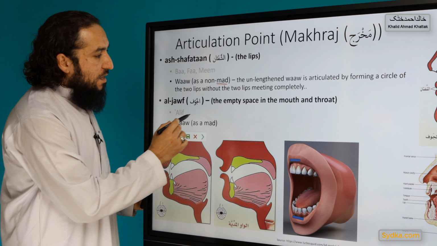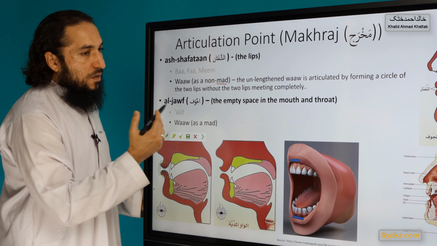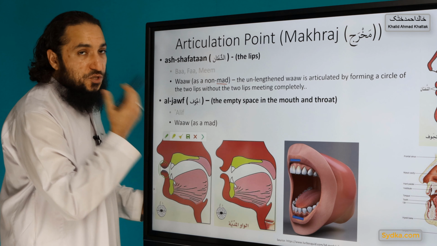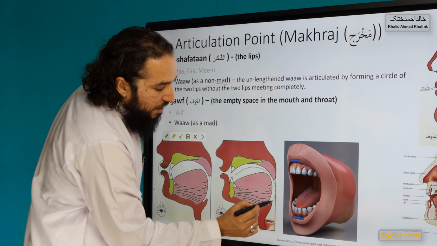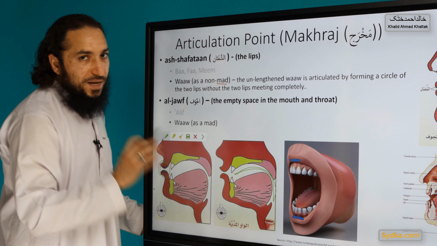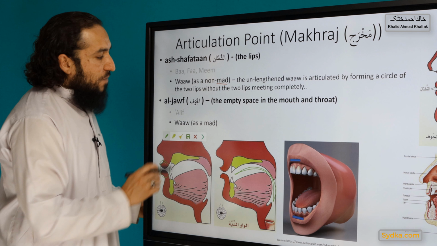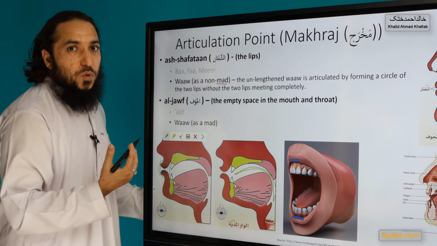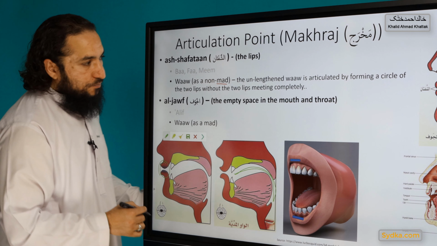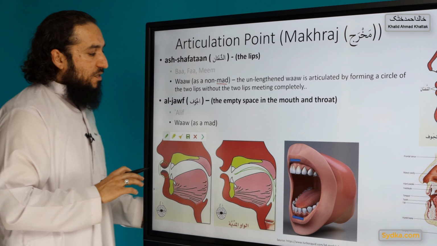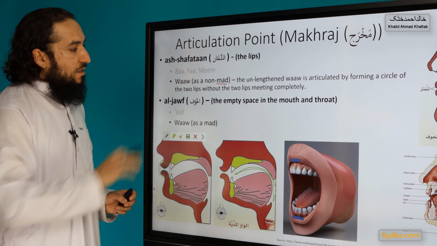But when it is a vowel, then it's al-jawf. Al-jawf means the empty space between the mouth and the throat. That is its articulation point, and it is pronounced as oo, as a vowel. So that's the difference in the usage of Waaw.